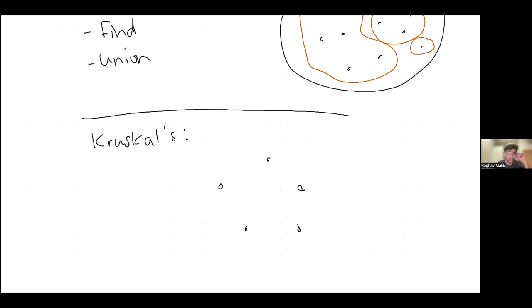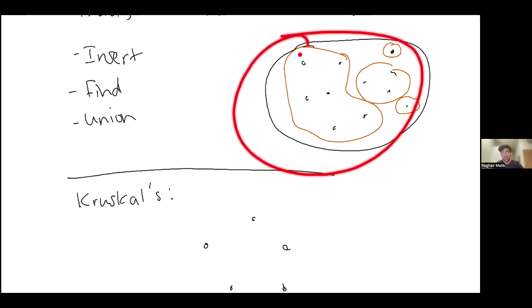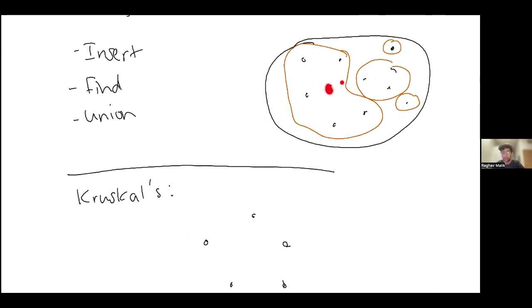So maybe all of our vertices are the objects in this space over here, and these sets represent vertices that are somehow connected to each other. So maybe there's a sequence of edges like this. These vertices would all be connected via some sequence of edges, but there would be no connection between any vertex here and any vertex here.